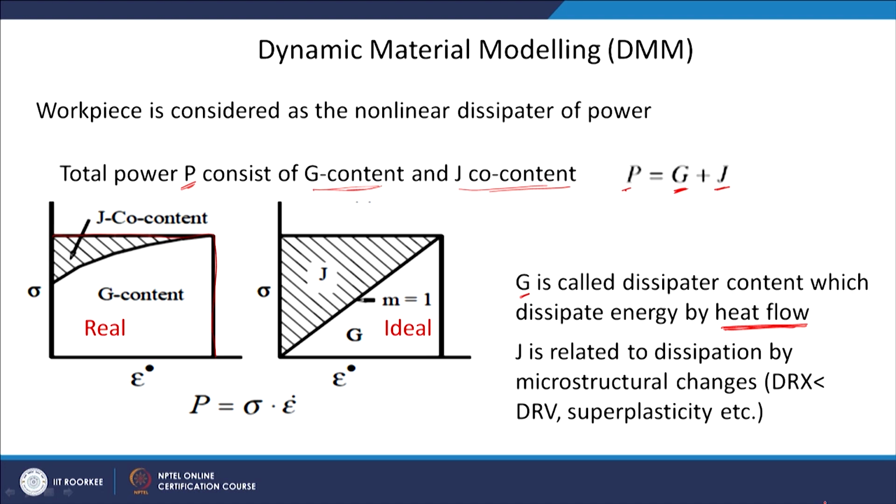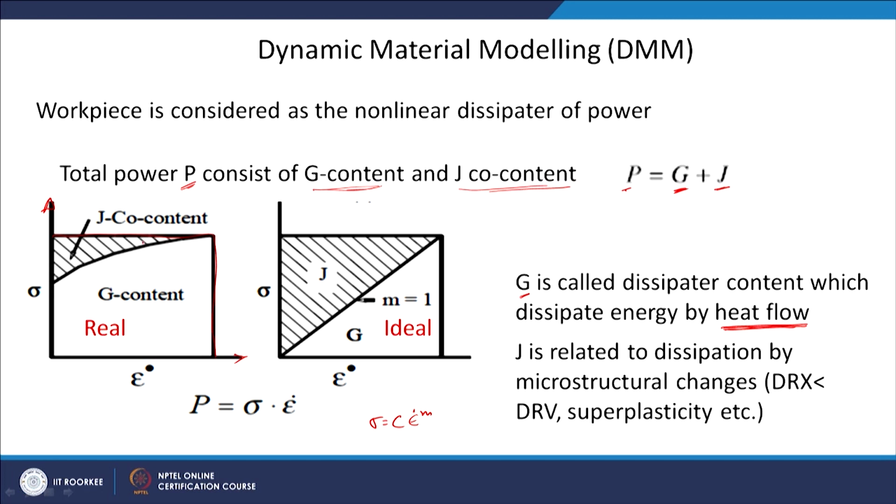And as we have already seen, stress varies by some exponential function. If you remember, stress is always expressed as epsilon dot to the power m. That means the stress is a non-linear function of strain rate. So, strain rate is on the x axis and stress is on the y axis. You can see that in this deformation behavior of the material, stress is a non-linear function of strain rate, that is why we are considering it as a non-linear dissipator of power.